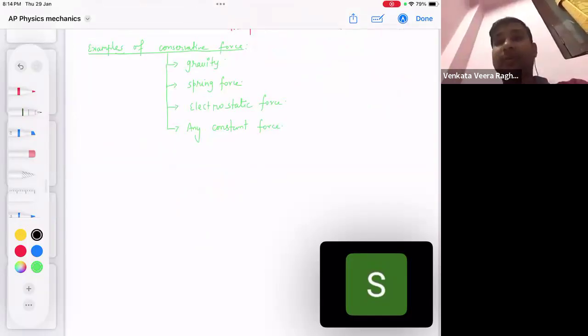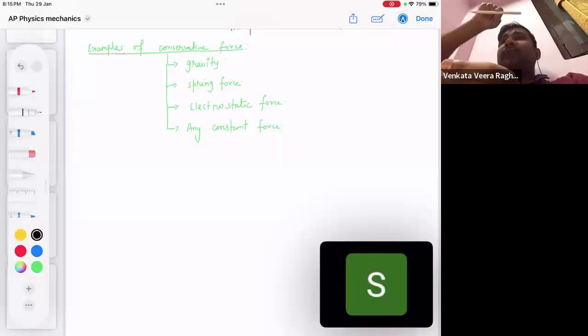So now, how do we write the potential energy? The first question is, what is the potential energy? Please keep in mind, we always define the change in potential energy. Let's say a pen is there on my palm. Now, if I take this pen above the palm, am I doing some work?